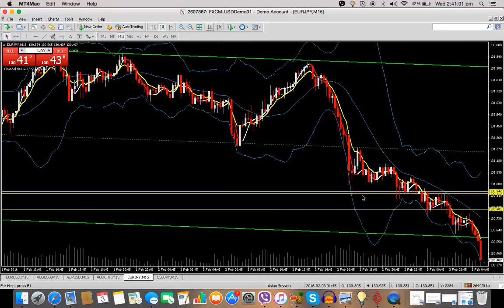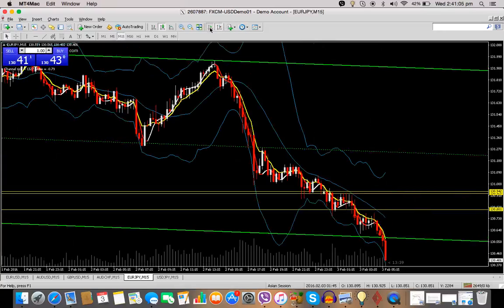Okay, and then when I click these buttons again and come back to this point, I very quickly see this here as well, completely respecting my zone. So that's 11. This one here, 13, 14, 15, 16. 16 times price has actually respected the area that I drew in.